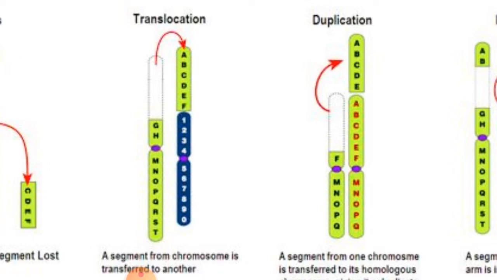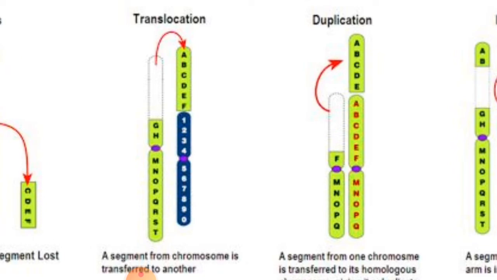So translocation may be simple or reciprocal. Simple translocation results in the simple transfer of one segment to the other, and in reciprocal translocation two non-homologous chromosomes mutually exchange the segments, and the affected chromosomes retain their original size but have rearranged gene blocks.